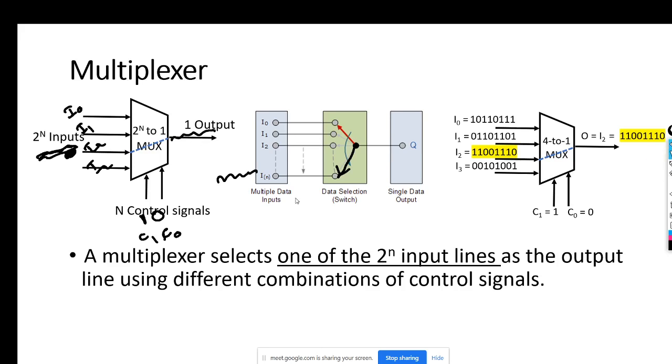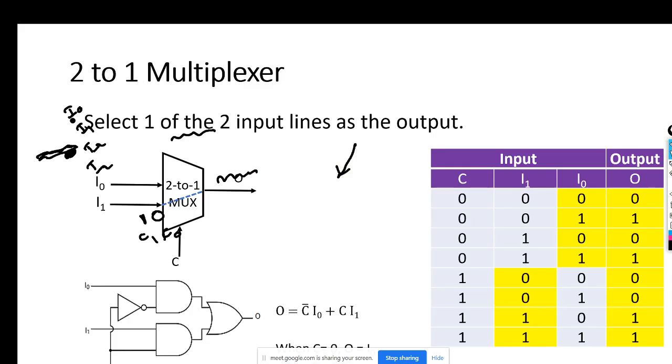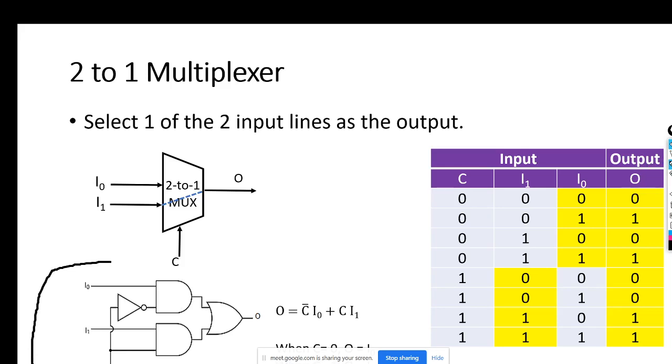Now let's see how to implement the multiplexer, or the digital multiplexer. It's again not very difficult. It's actually really simple if you understand it. So this is the circuit that is going to work as a 2 to 1 multiplexer.